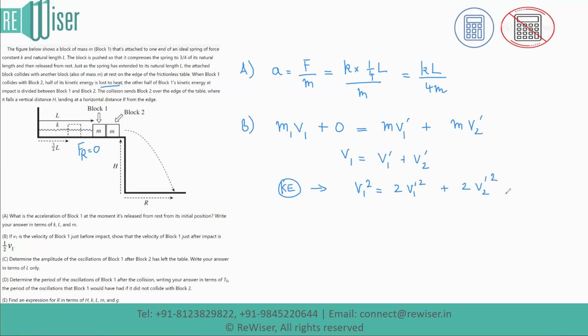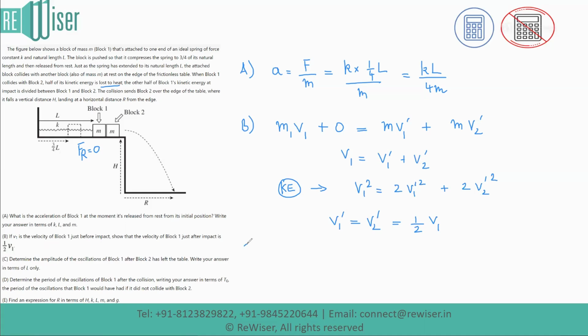Now, simplifying these two equations, we finally get V1 dash equal to V2 dash equal to half of V1. This is the required answer.